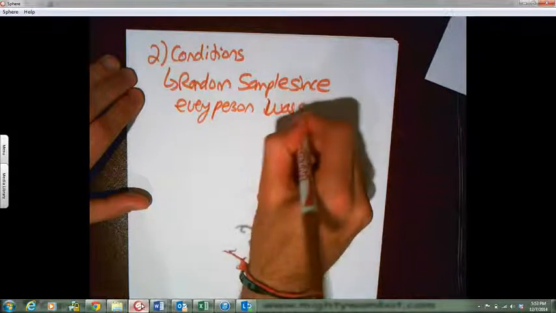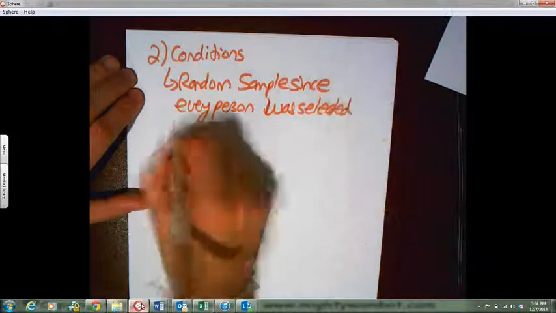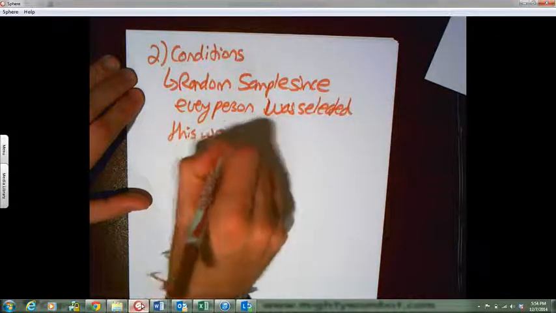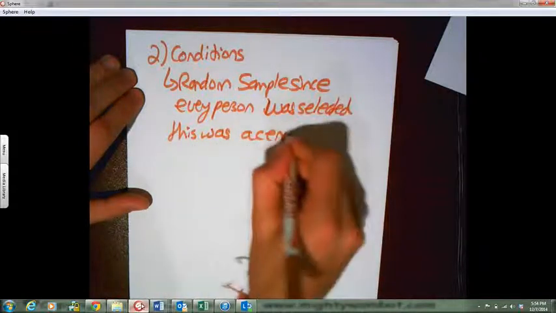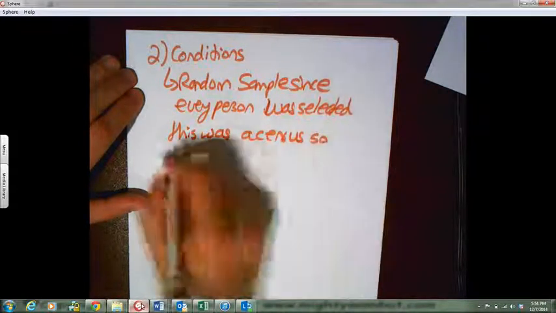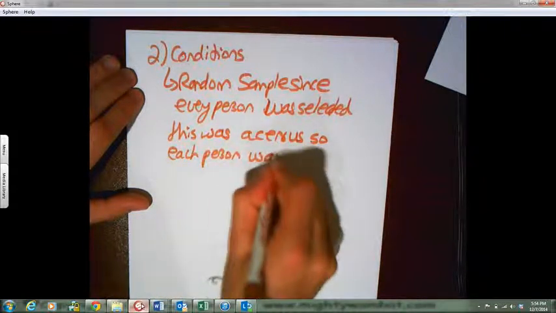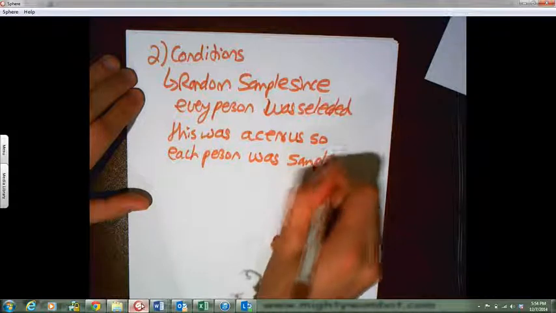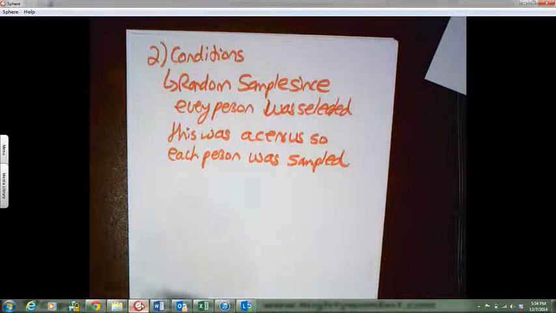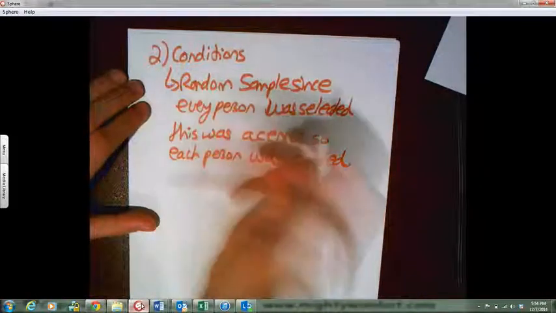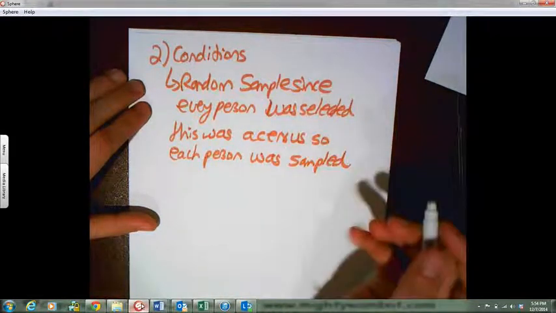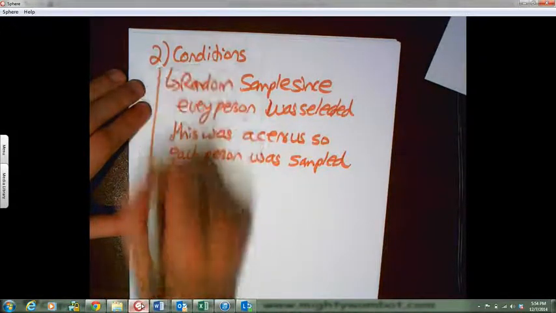This was a census. So each person was sampled. No need to talk about independence here because, again, there's only one sample. And since everybody was sampled, there was clear independence. So, yes, independence.